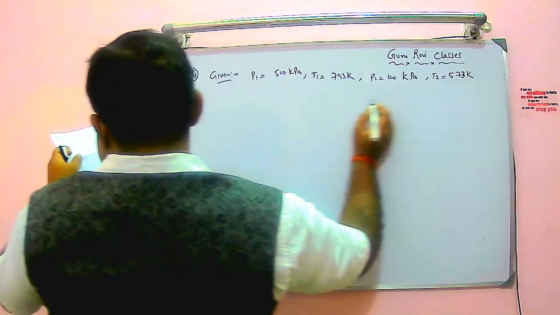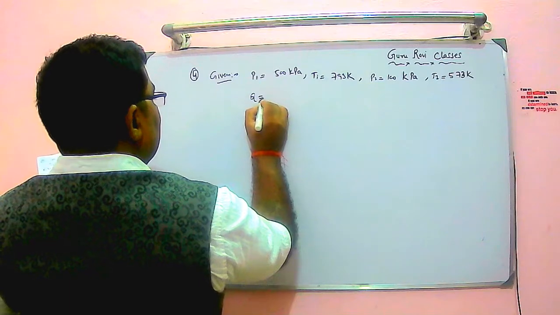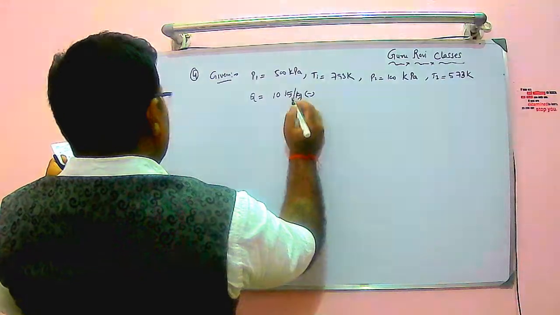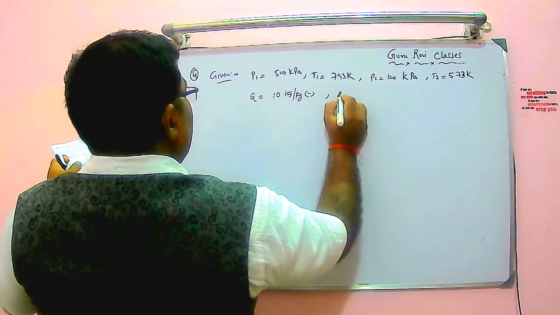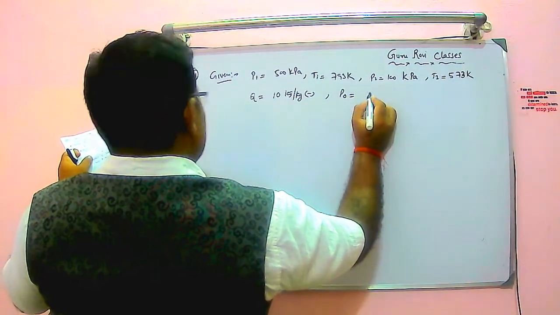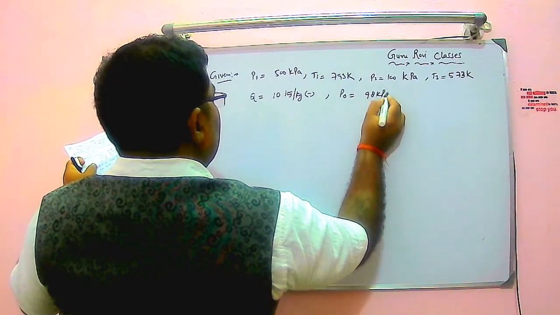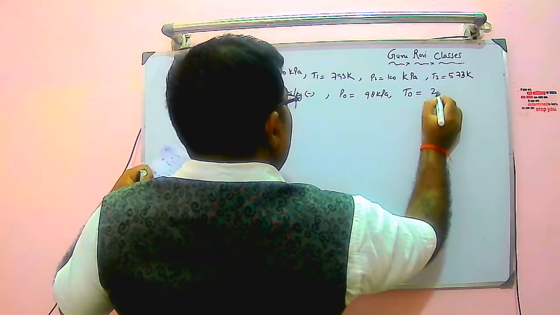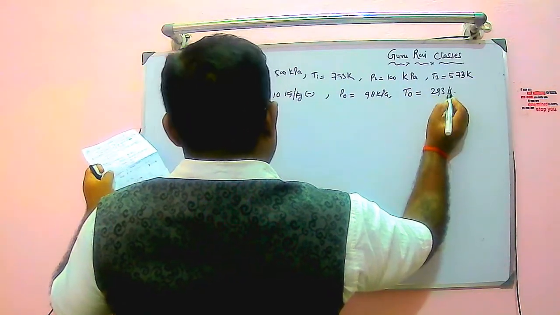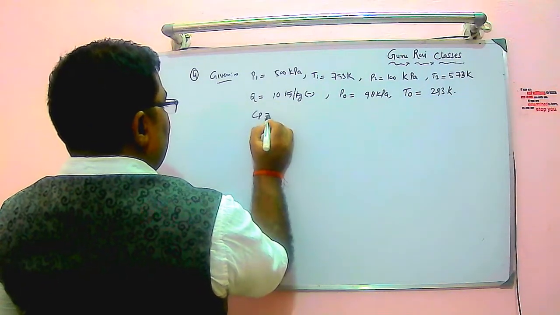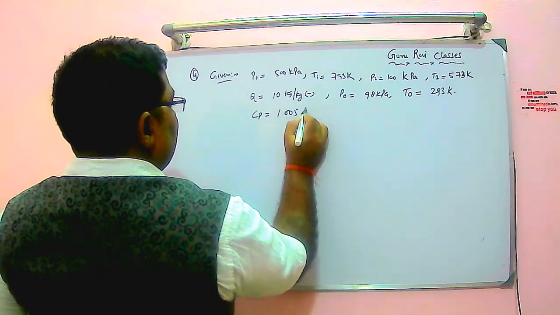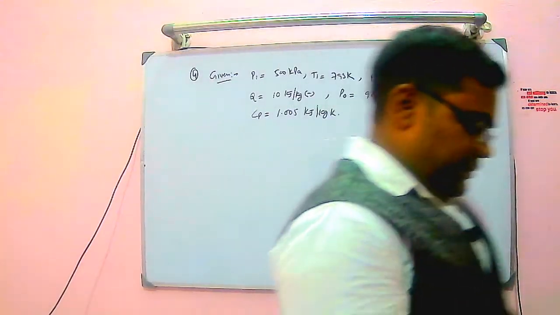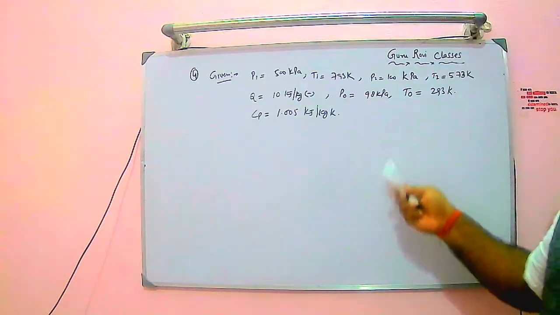Heat transfer during the process is 10 kilojoule per kilogram, negative because it is being transferred out. Atmospheric conditions: P naught is 98 kilopascal and T naught is 293 Kelvin, and the Cp value for air is 1.005 kilojoule per kilogram Kelvin. These all things are given. And it's an open system, happening in a turbine.